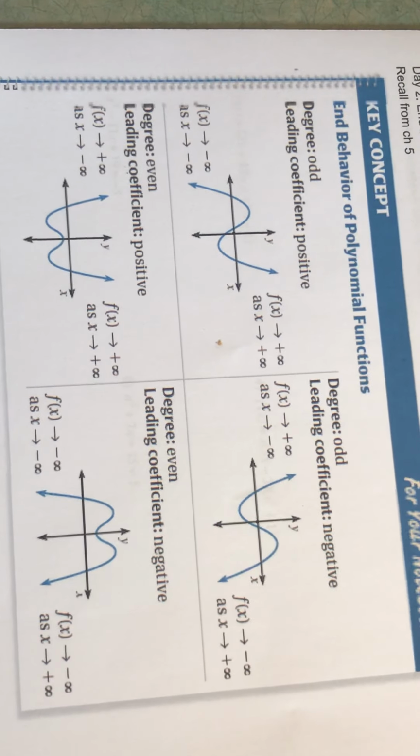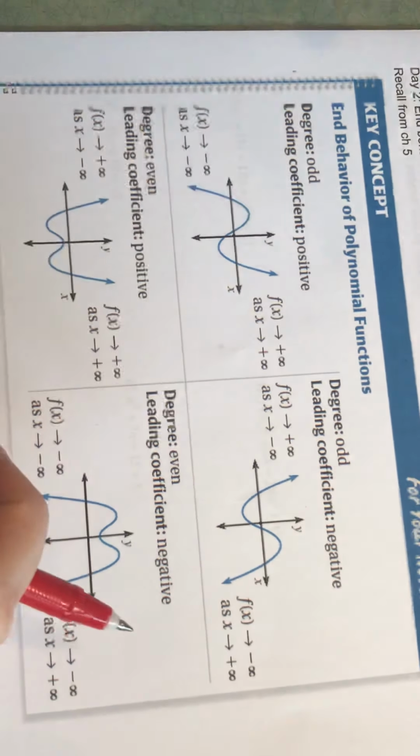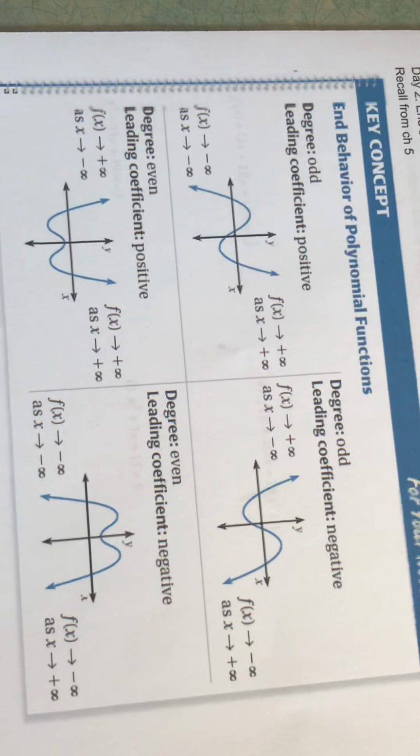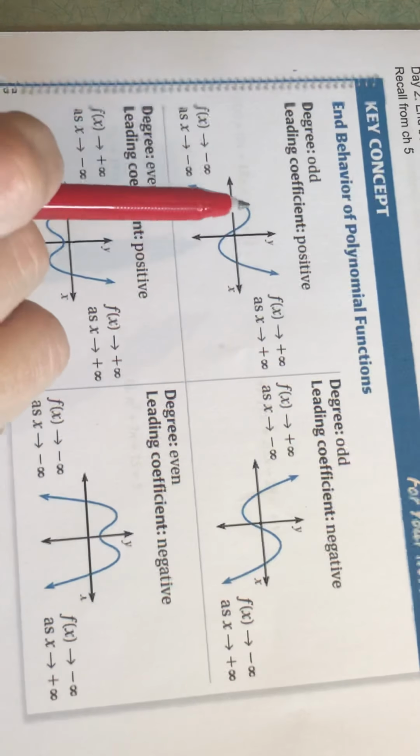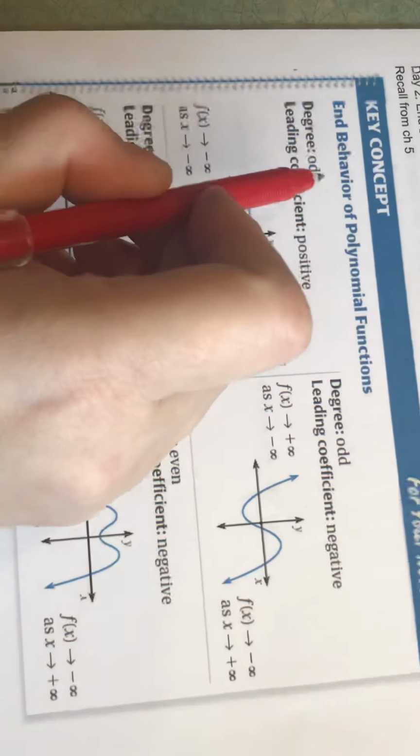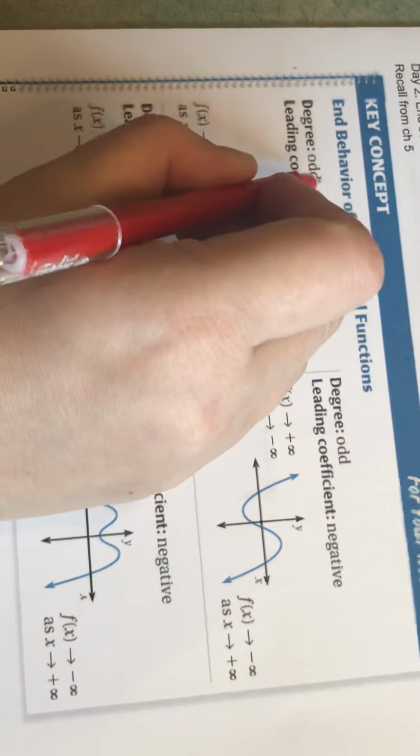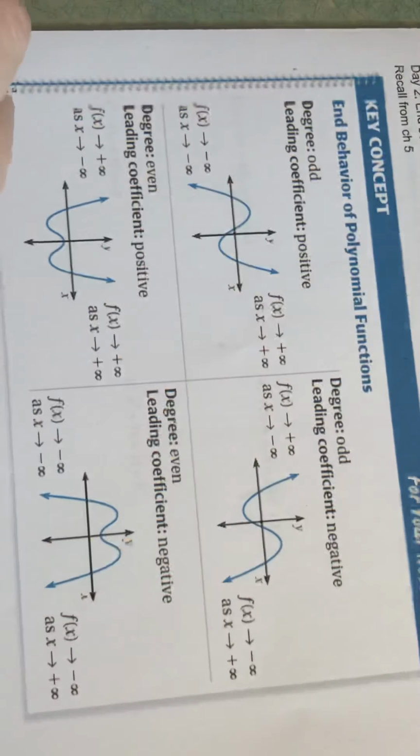So let's review from Unit 5, the end behavior of polynomials, because we're using this again when we look at rational functions. If you recall, the degree of a polynomial is the highest exponent.